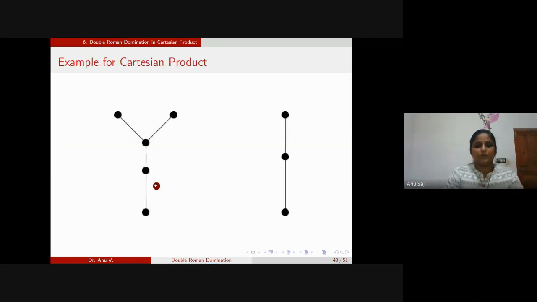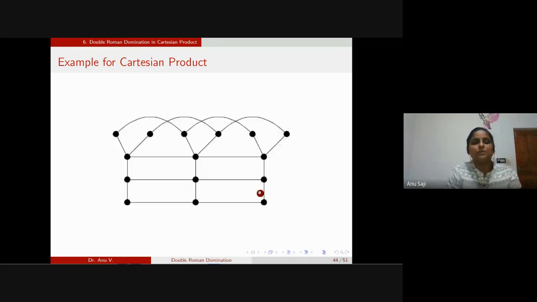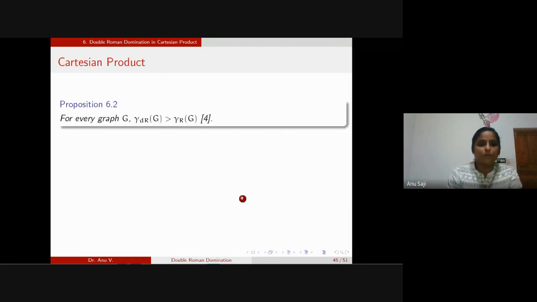Consider these two graphs. The Cartesian product will be like this.